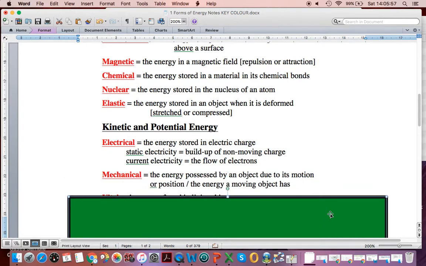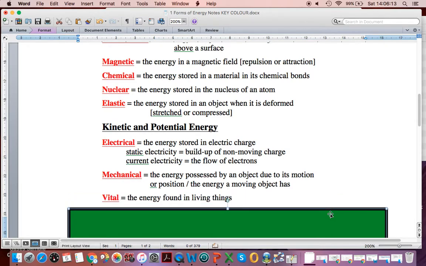Now mechanical can have a number of meanings. Some books will have mechanical meaning the total energy of a system. But often we'll think of it as simply the energy possessed by an object that's moving. So if you have an airplane flying, a baseball that's been thrown, those kinds of things would have mechanical energy. Vital energy can be a hodgepodge of many forms, but very simply we say living things have vital energy.